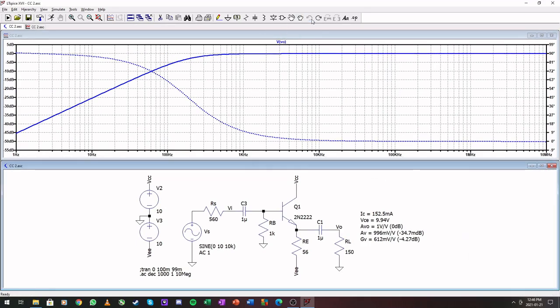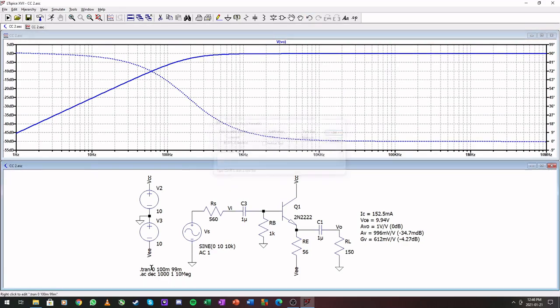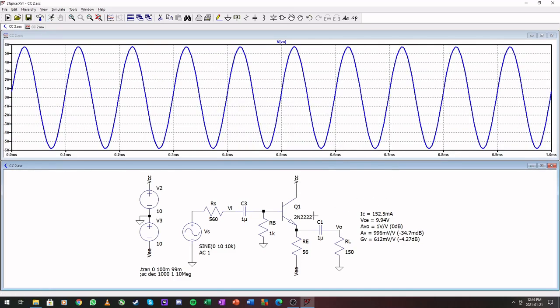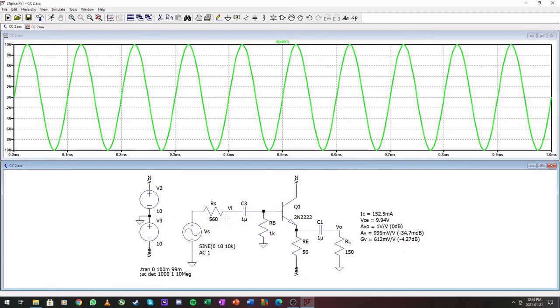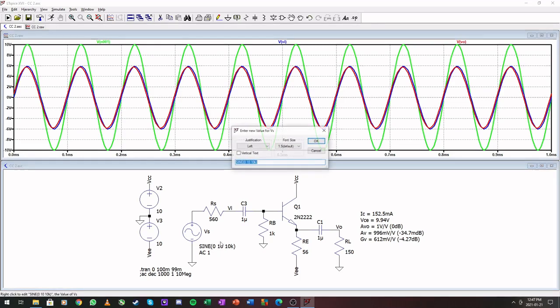Okay, so let's look at the transient. So we are inserting 10 volts peak. Then we have a huge drop on the input here to 6 volts peak, and the output is almost perfectly aligned with that.